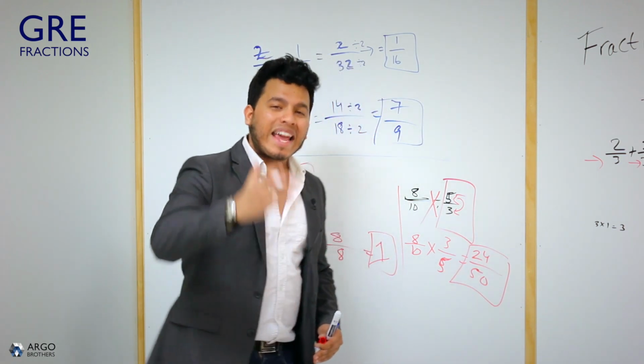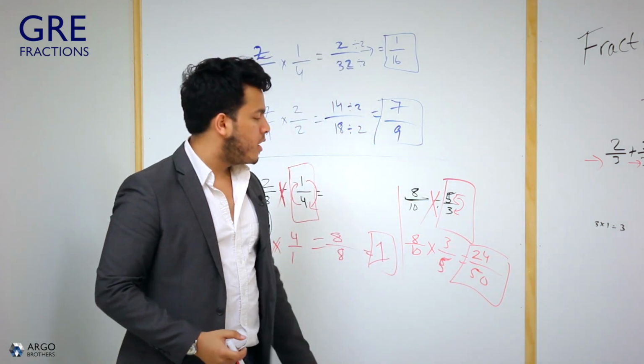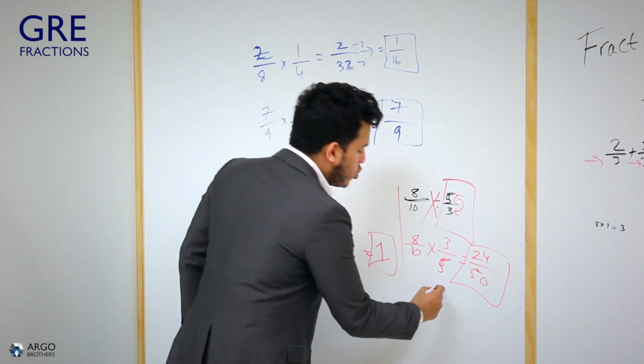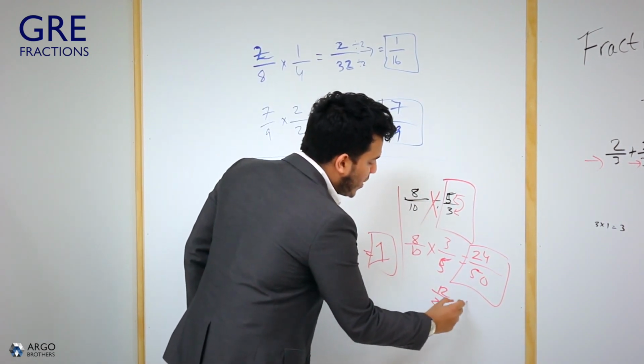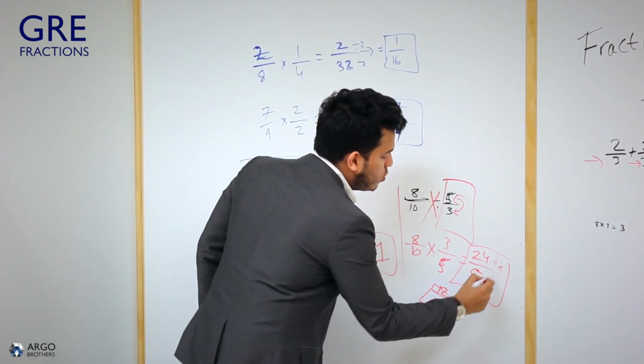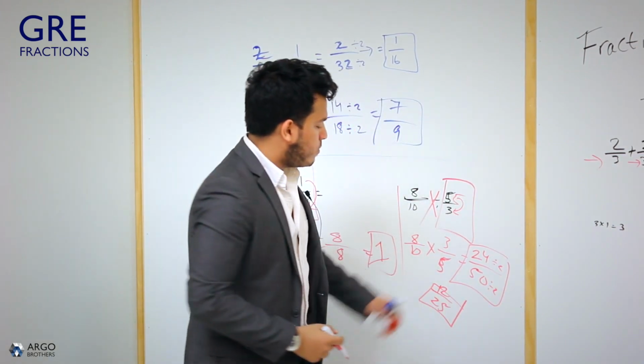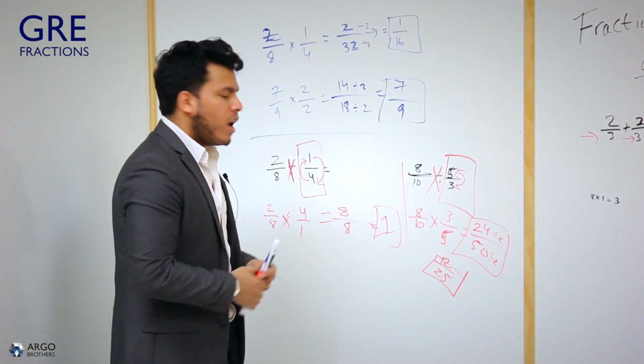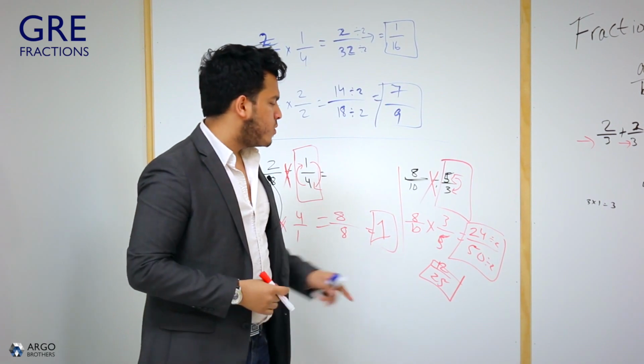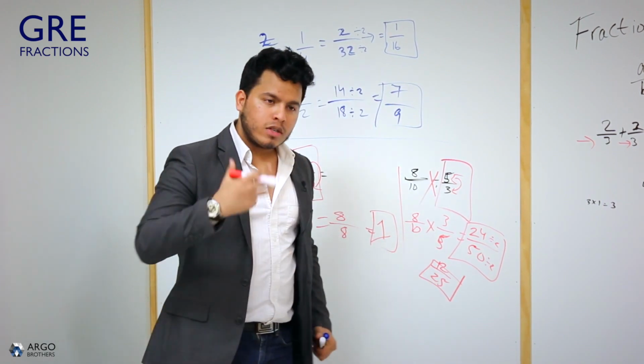However, don't forget, I can go ahead and reduce this fraction, right? So divide by 2, I get 12 over 25. Be sure to reduce fractions to the simplest form.